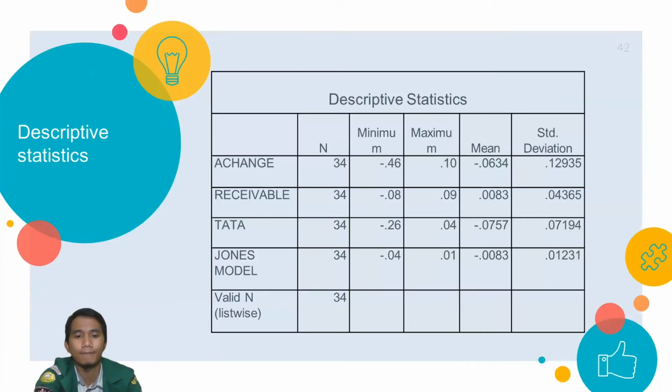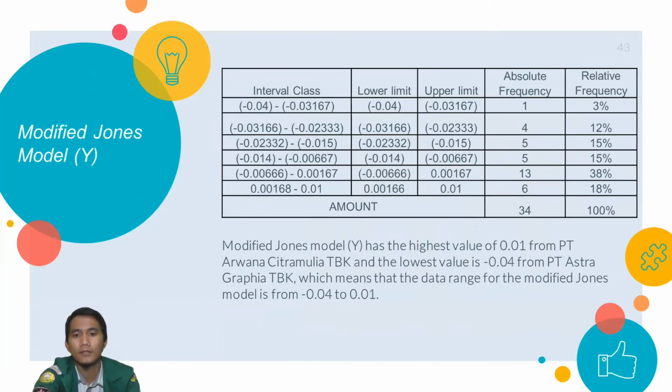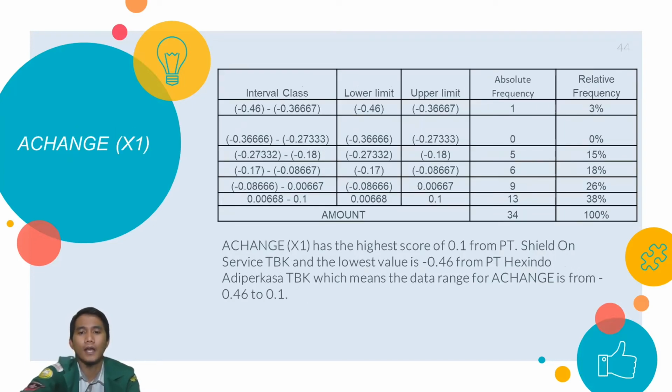Chapter 4, results and discussion. In the descriptive statistics, the modified Jones model has the highest value of 0.01 from PT Tri and the lowest value of minus 0.04 from PT Astragraph TBK. The change in total assets has the highest value of 0.1 from PT Sales on Service TBK and the lowest of minus 0.46 from PT Hexin TBK.